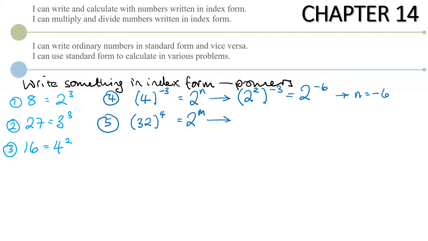I need to work out what m is. Well, the first thing is you take the thing in the brackets, you write it as 2 to the power of something. Now 32 is actually 2 to the power 5, 2 times itself 5 times, so that's what goes in the brackets. That to the power 4, and then we multiply the powers, that becomes 2 to the power 20.